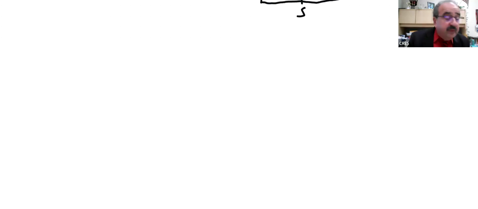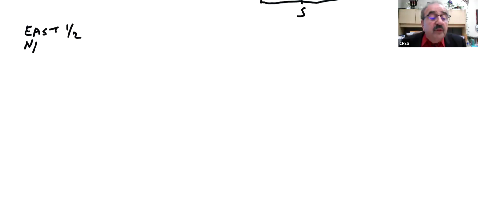Okay, so here's my next problem. It's similar to this, a little bit different. It's called the east half of the northeast 1/4 of the southwest 1/4.